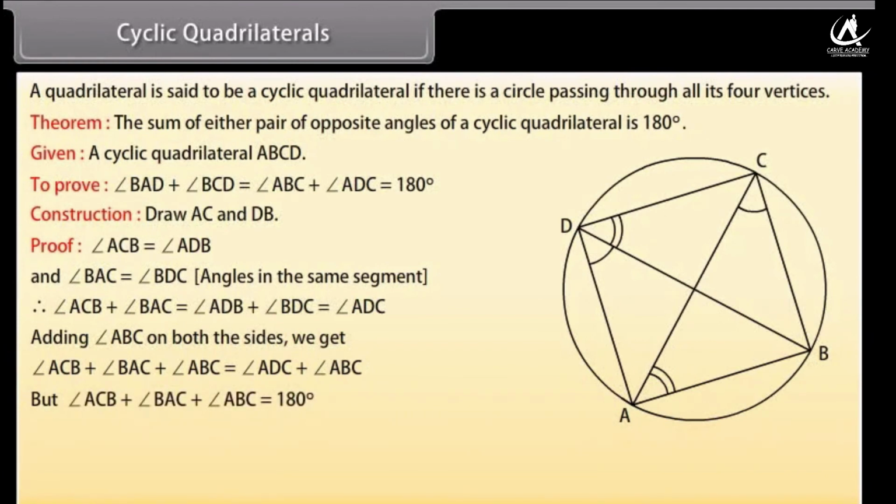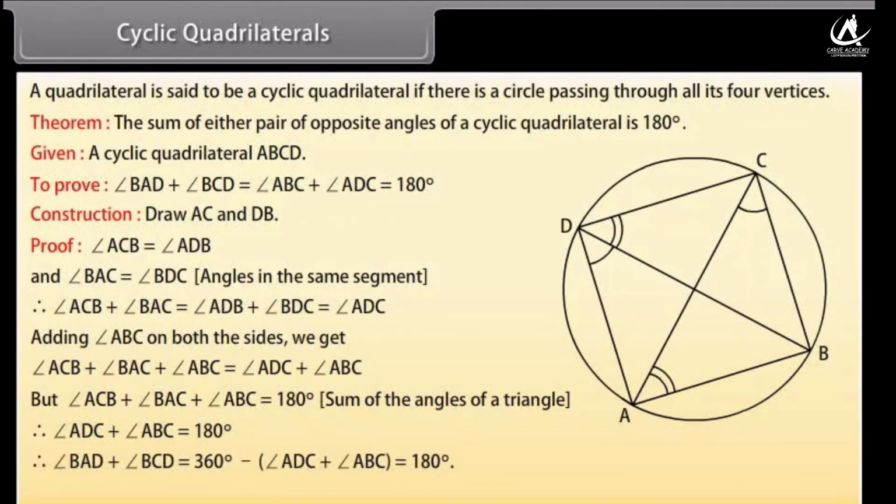But angle ACB plus angle BAC plus angle ABC is equal to 180 degrees, because the sum of the angles of a triangle is 180 degrees. Therefore, angle ADC plus angle ABC is equal to 180 degrees.